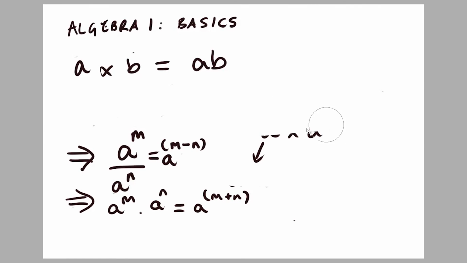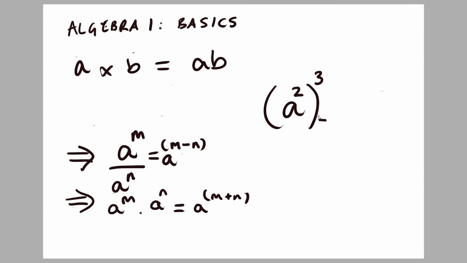Okay, so here's my final rule in terms of algebra and working with indices, and that is, what does a squared cubed mean? Well, a squared cubed must mean that I've got a squared multiplied by itself 3 times. Okay, but from this rule that we've learnt here, if you're multiplying, obviously the a has got to be the same.